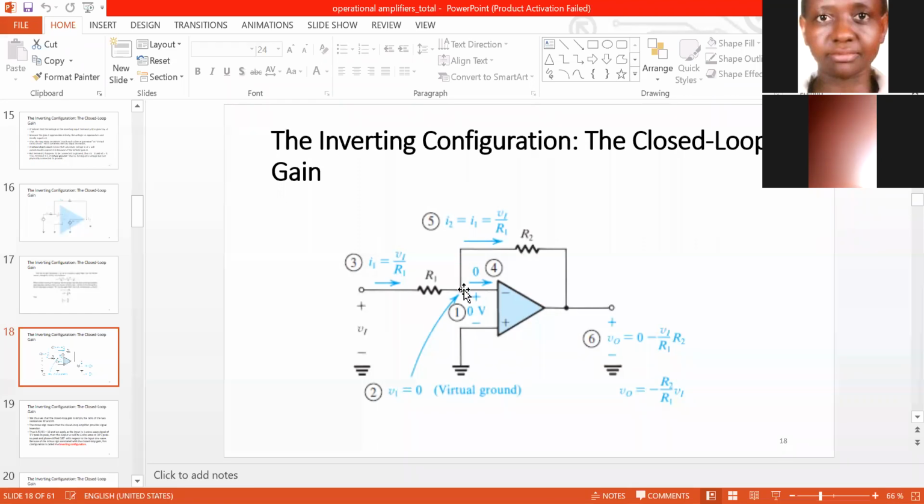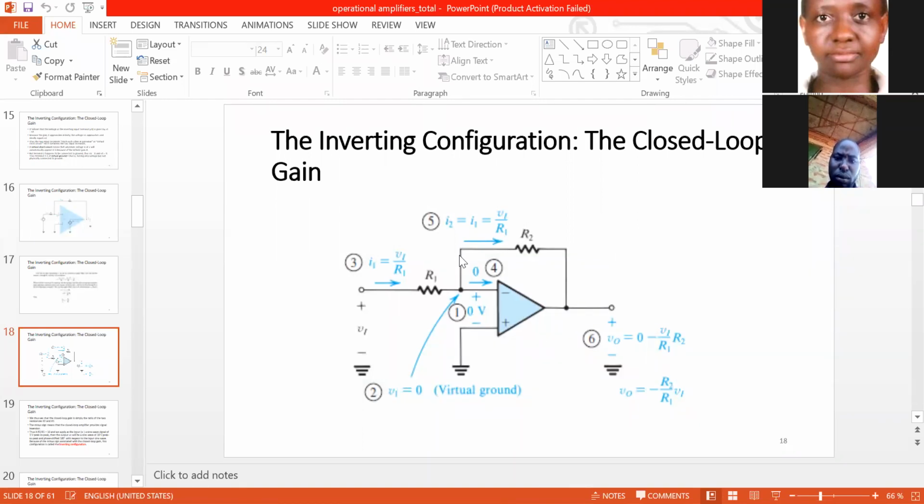And because of the virtual short circuit, the voltage at the inverting input terminal will also become 0. So that is now step 2: V1 is equal to 0. It is a virtual ground because it is not practically connected to ground.